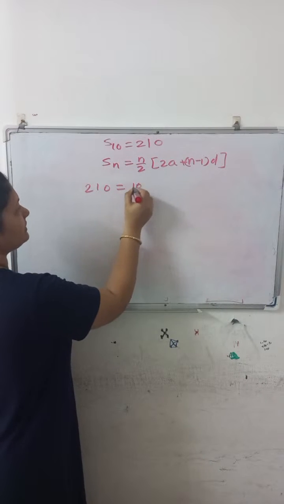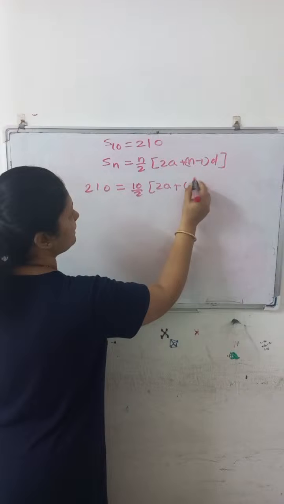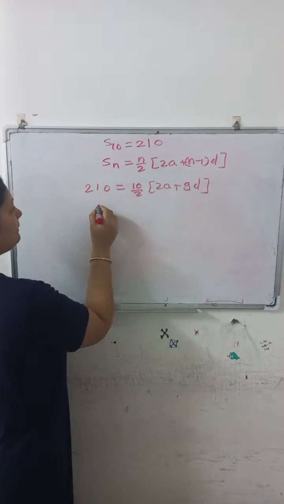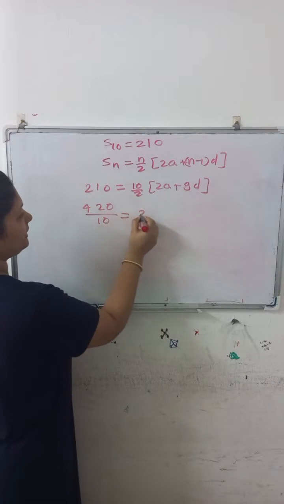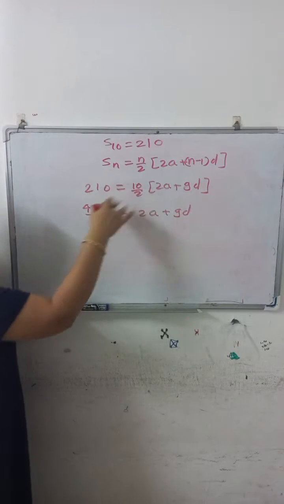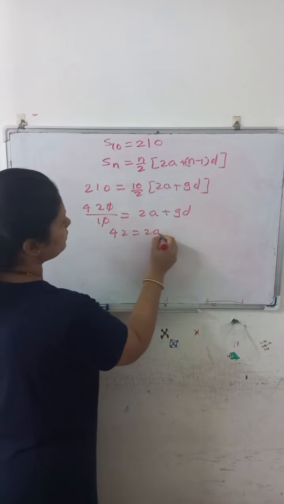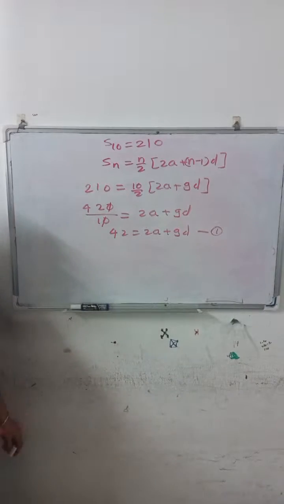For the first 10 terms, that is 10 by 2 into 2a plus 10 minus 1, which is 9, 9d. So I will transpose: 420 divided by 10, that is 2a plus 9d. I did the multiplication and divided by 10 here, the 0s get cancelled. 42 is equal to 2a plus 9d. This is my equation number 1.